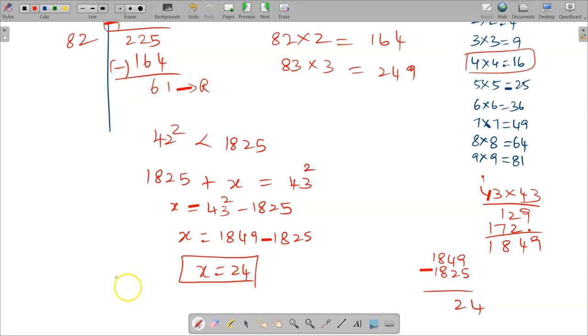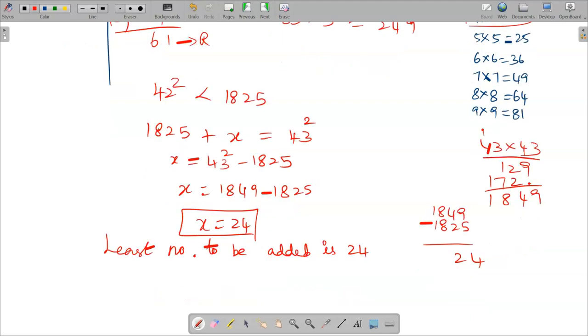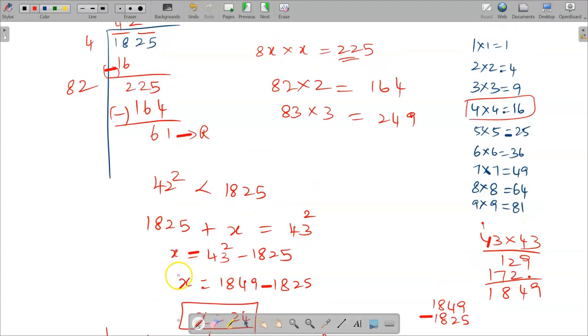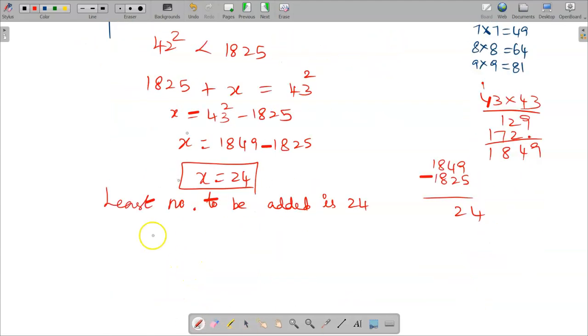So this is the least number to be added. Least number to be added is 24. Okay, so with what we are adding? With the number 1825 we are adding, right? So in the question they have given 1825.